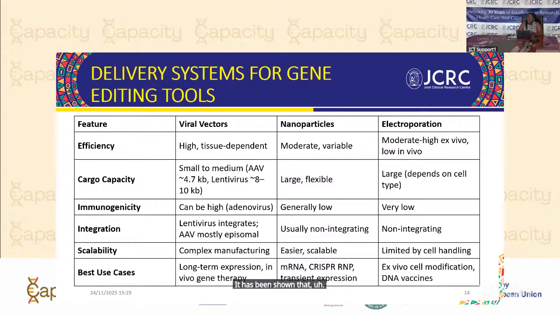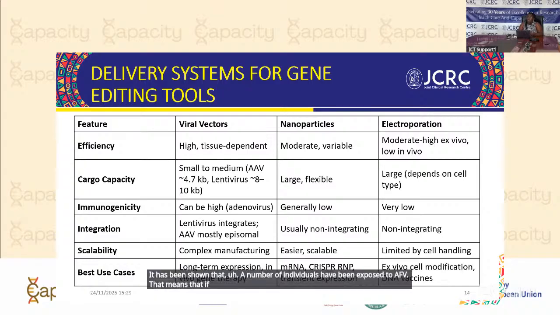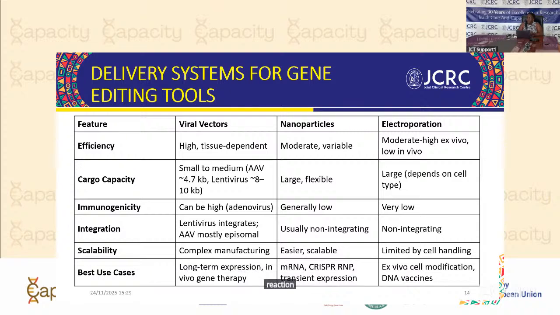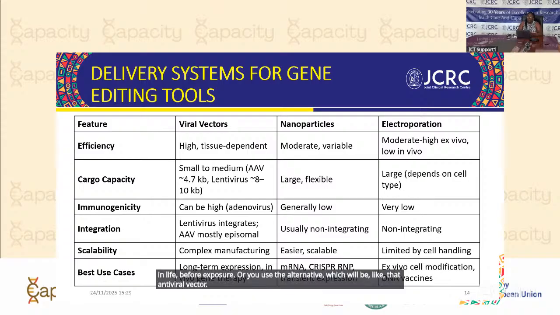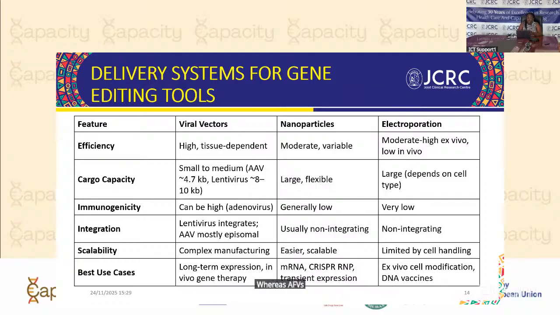number of individuals have been exposed to AAV. That means that if you use it, you're most likely going to get a very robust immune reaction to it. And therefore, either you need to use AAVs early on in life before exposure, or you use the alternative, which will be like the lentiviral vector. Then in terms of integration, lentiviral vectors are able to integrate, whereas AAVs do not integrate in the nuclei.